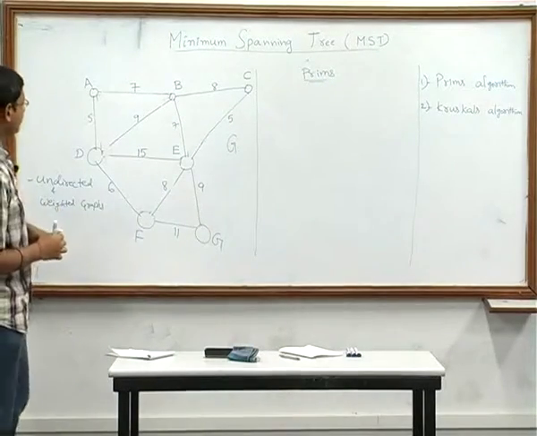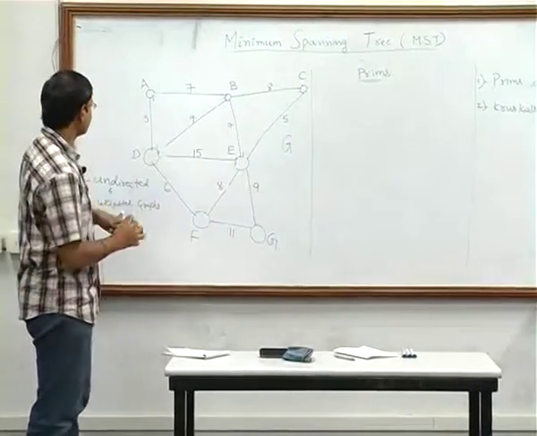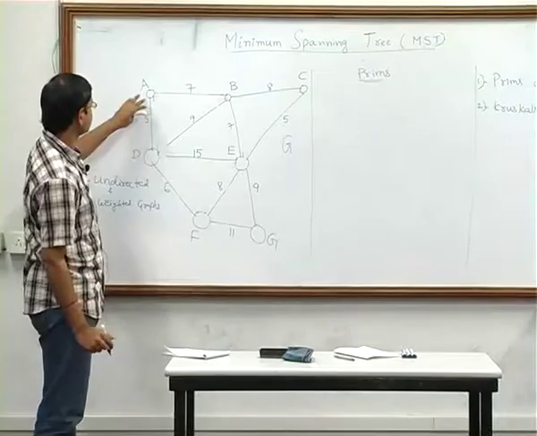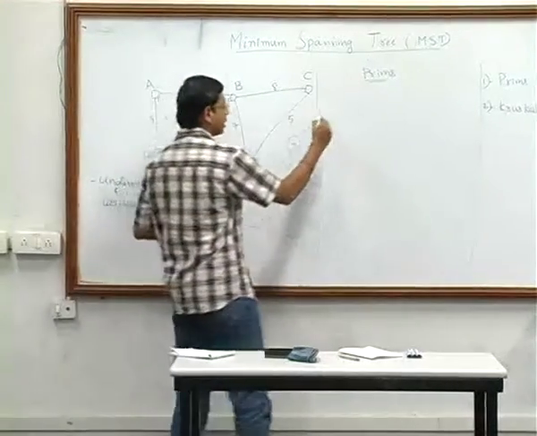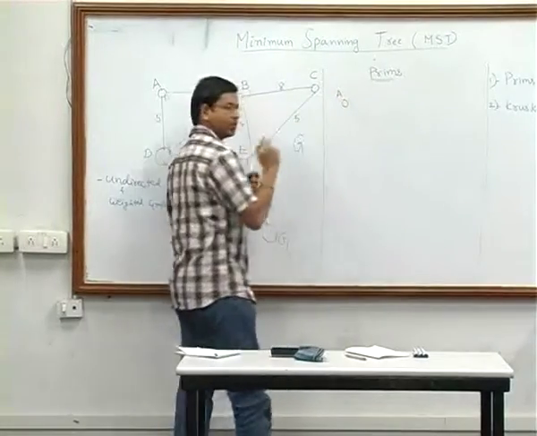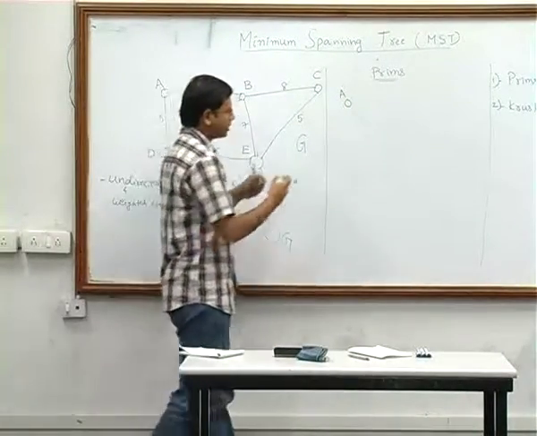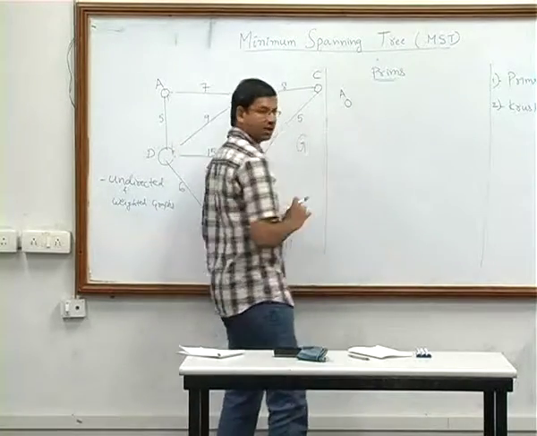The algorithm is a greedy algorithm, and it works as follows. Let's start with some vertex. Let's select A. It can be anything. We try to slowly expand the tree, starting with this vertex.